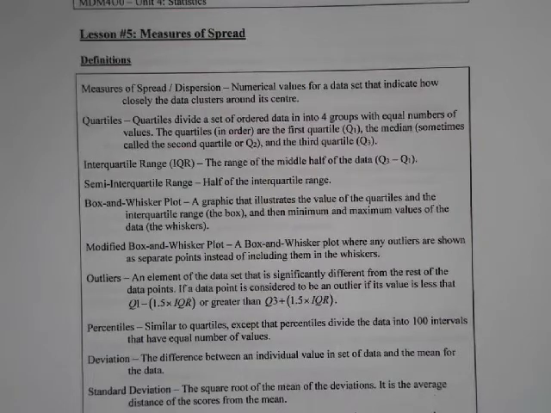So you could have, and we'll see this in an example, two sets of data that have the same mean or median, but one set of data might be very spread out. Say your mean was 70, you might have one set of data that has a mean of 70, but the values are all spread out from 20 to 100.